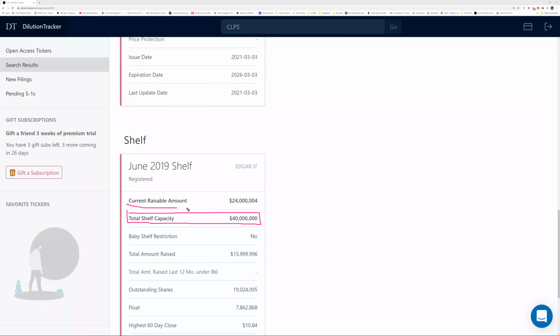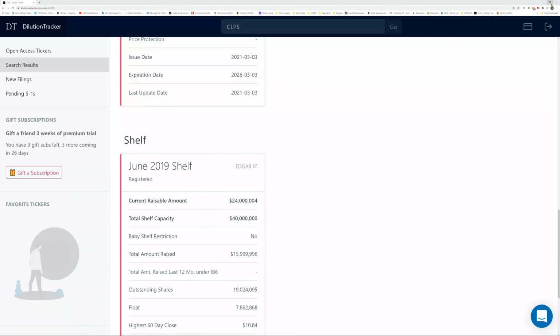And then you see how it says current raisable amount is 24? Well, that means they've already raised 16 million off of the S3. Do you see that right there? That's the difference. So that's what a shelf is. It's just there to be used whenever.